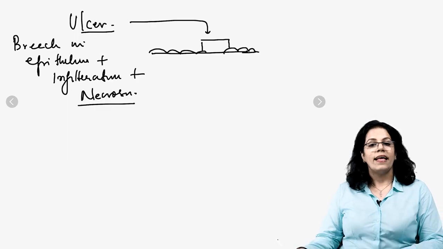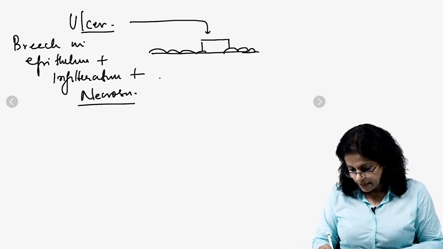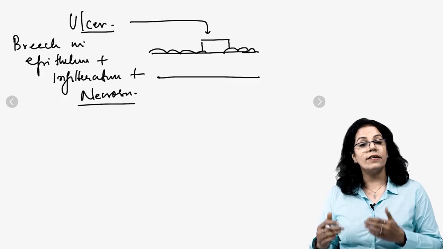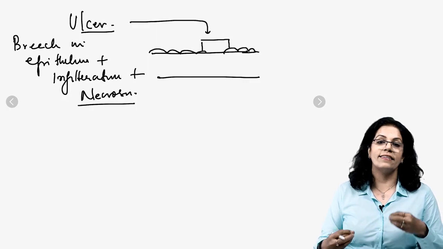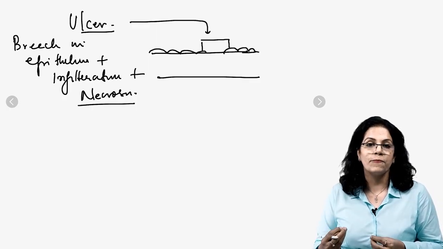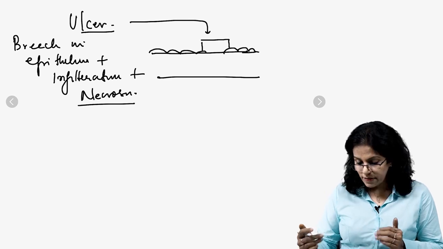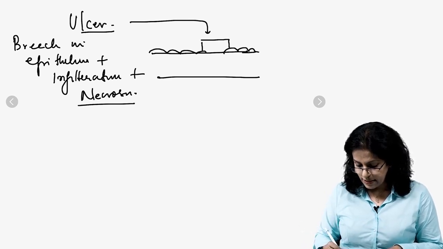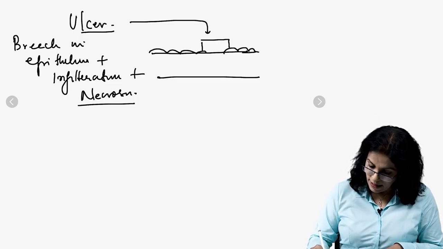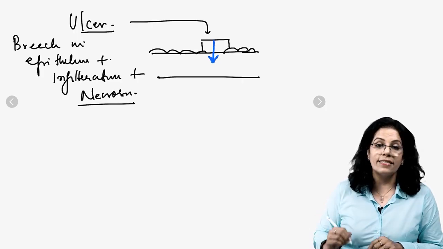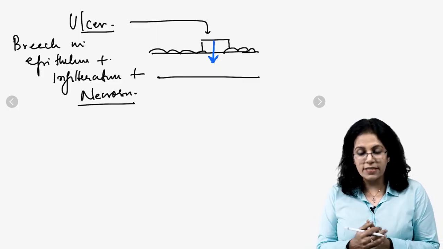Now, if this is your cornea, majority of the infections in the cornea, the keratitis, we are going to learn the different keratitis: bacterial, viral, fungal, and so on. Majority of the time it is because of this ulcer formation, right? So, majority of the infection will happen because there is an ulcer, there is a breach, or what could be the second cause?